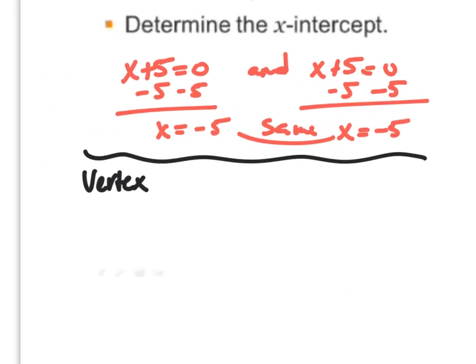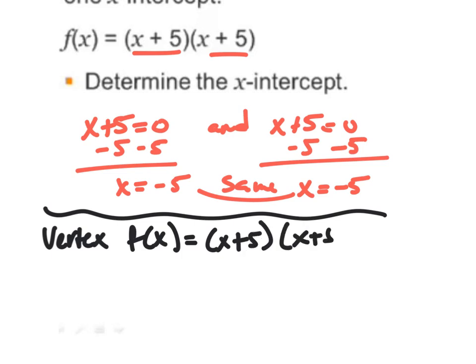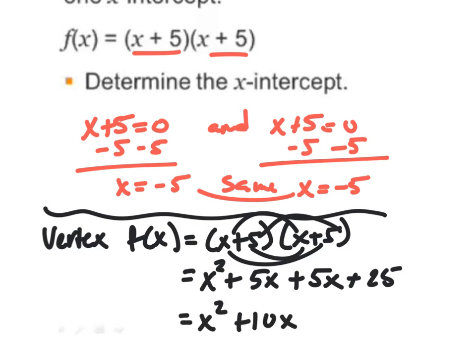But for my vertex, if my function is f of x equals x plus 5 times x plus 5, then if I multiply this out, I get x squared plus 5x plus 5x plus 25, which is x squared plus 10x plus 25.